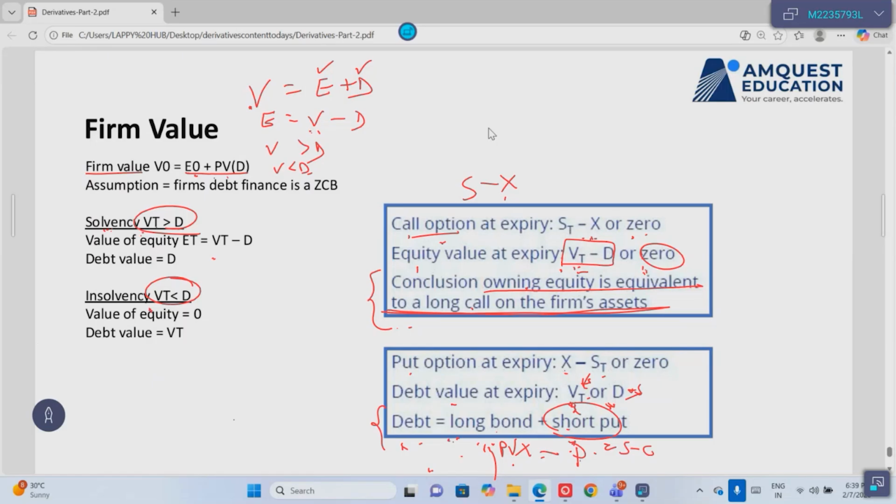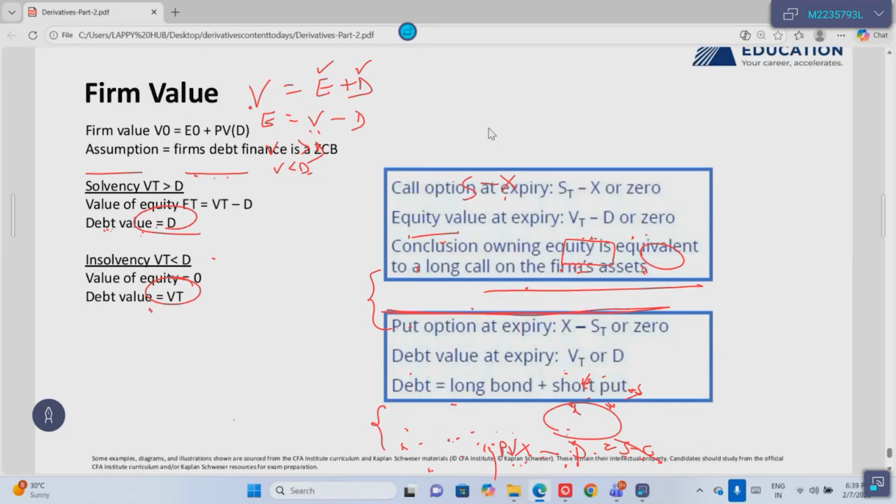So a stock minus the short call is equal to the long bond and the short put. Okay, this will give you the debt of the company. So learn these two equations from a firm valuation point of view, which helps you to conclude that equity is like a long call and debt is like a long bond, PVX, plus a short put. Okay, and that's how we connect the dots.